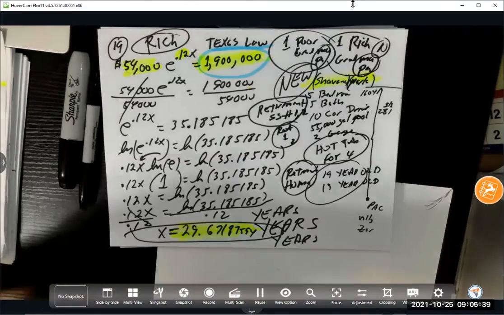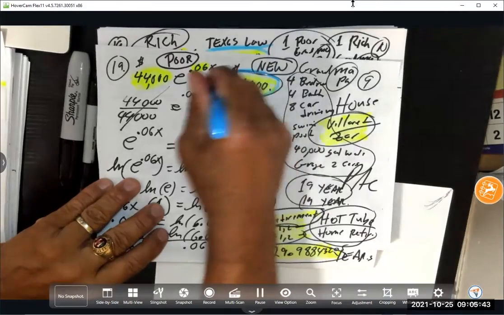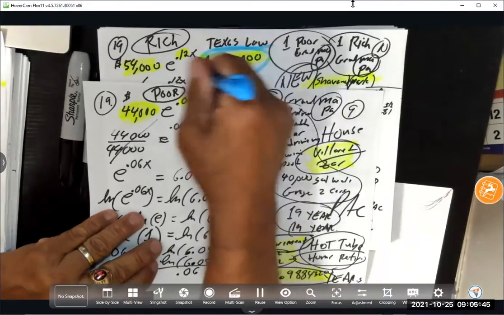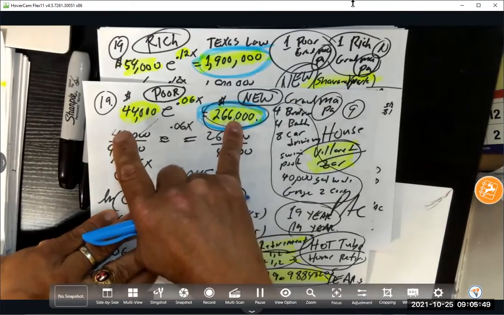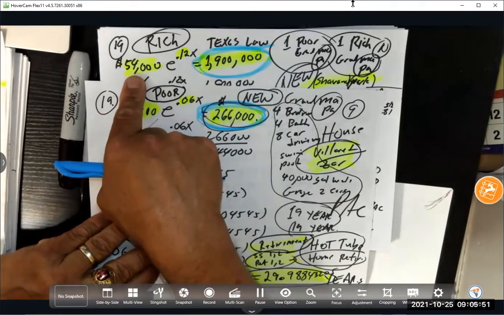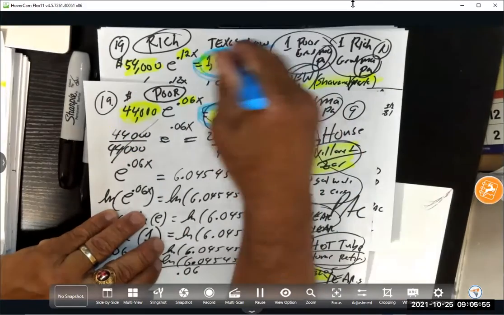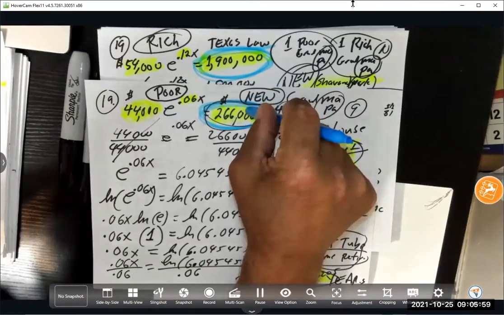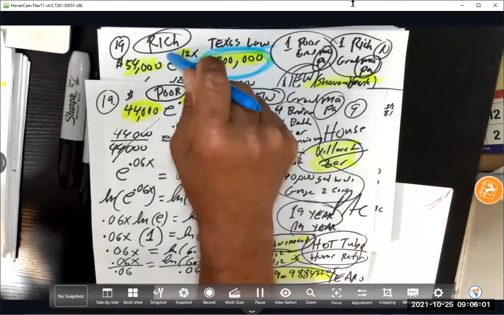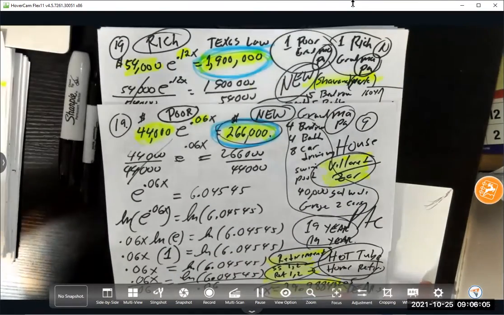And this other grandma and grandpa, they have money too in their checking account. You see the numbers right here? The $44,000 house, they sold it for $266. That's a good thing. The $54,000 house in the other neighborhood, they sold it for $1,900,000. Okay, so now that's poor grandma and rich grandma, right? Does that make sense?